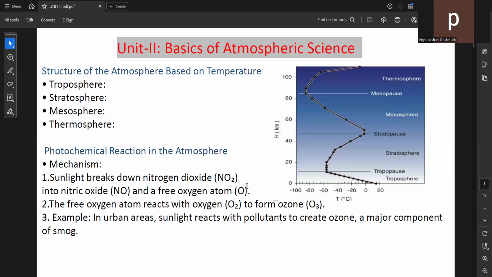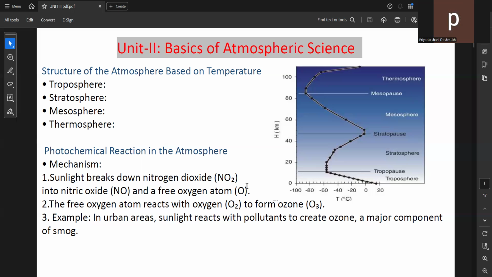Here in the mechanism, the sunlight breaks down nitrogen dioxide into nitric oxide, that is NO, and a free oxygen atom. The free oxygen atom reacts with oxygen, that is O2, to form ozone. This is the typical reaction for ozone formation.